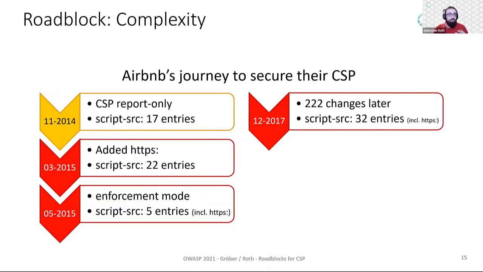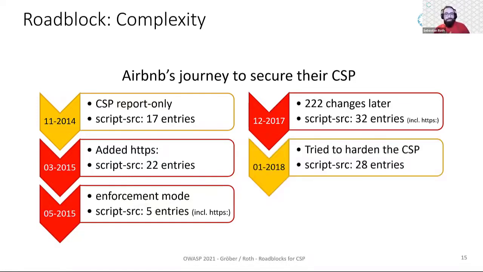At that point, they started experimenting with a secure report-only policy on single days. And every time they did those experiments, they added more domains to the policy. In January 2018, they first tried to enforce their new policy.